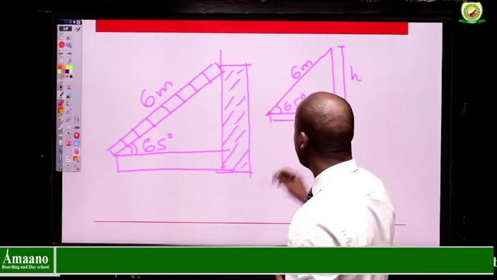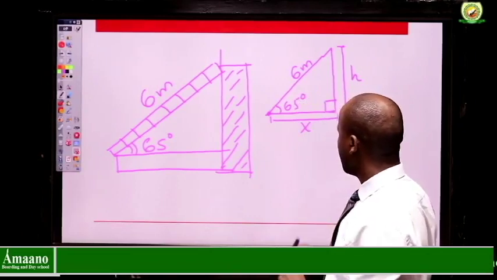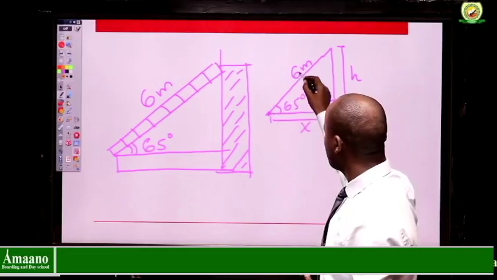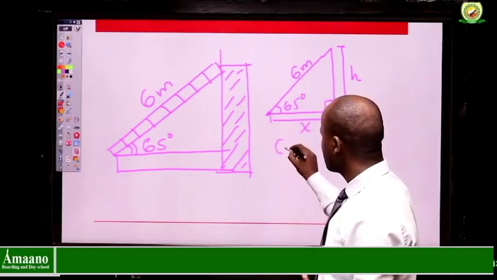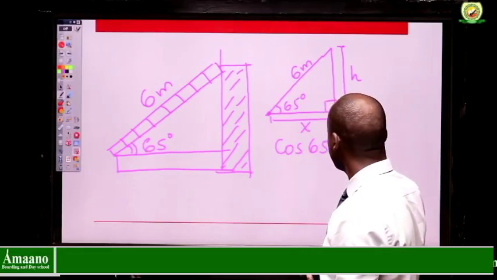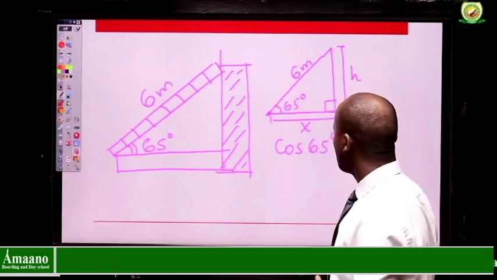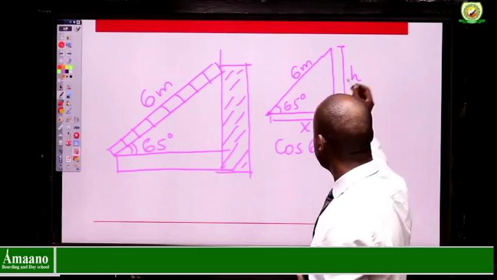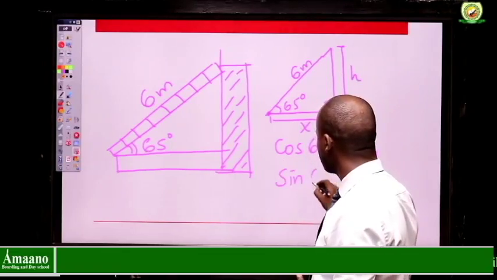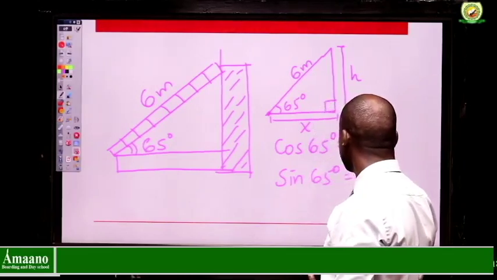Which trigonometric ratio are we going to use? We have sine, cosine, and tangent. To find x, which is adjacent, and we have the hypotenuse, so we use cosine. Cosine of 65 degrees is equal to x divided by 6 meters. For this one we use sine, because this is opposite and this one is the hypotenuse, so sine 65 degrees is equal to h divided by 6 meters.